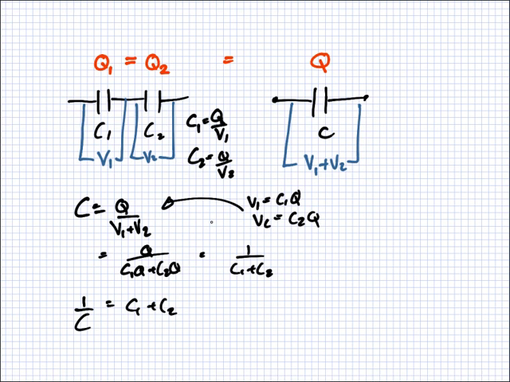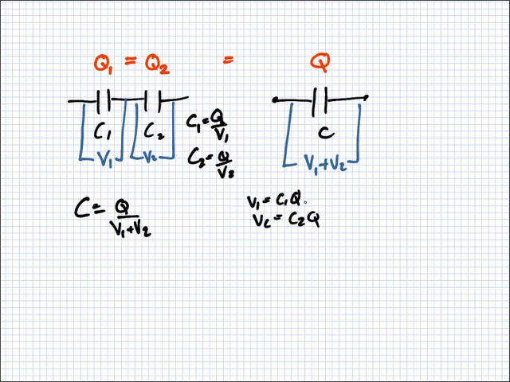C1 equals Q over V1, and V1 equals Q over C1. Thank you, Ben. V1 equals Q over C1 and V2 equals Q over C2.